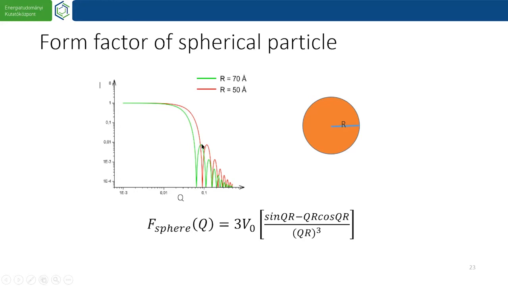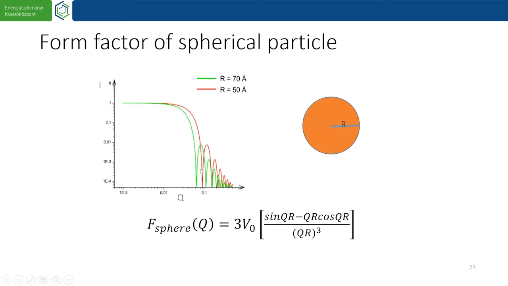But the oscillations tend to be at higher Q. And this relation is very general. So this is a demonstration of the reciprocity of the real space and of the inverse space.